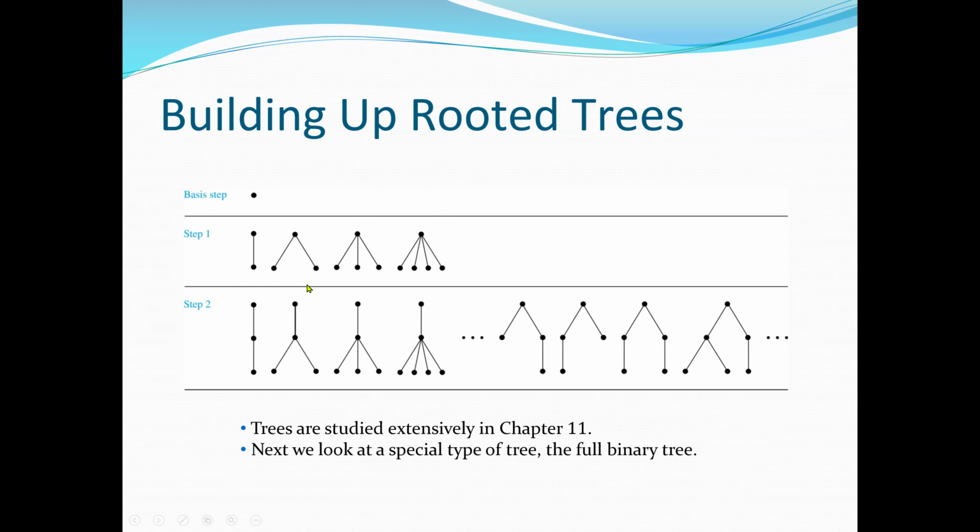Then step 2, we move to level 2 to insert children again. Then level 3, the same thing, we keep going. So here we are building up a rooted tree starting from the root. The root is at the top and we keep going down.